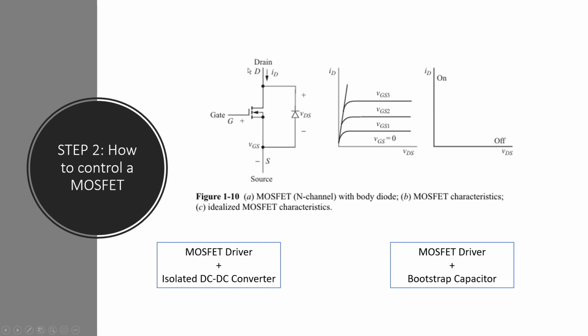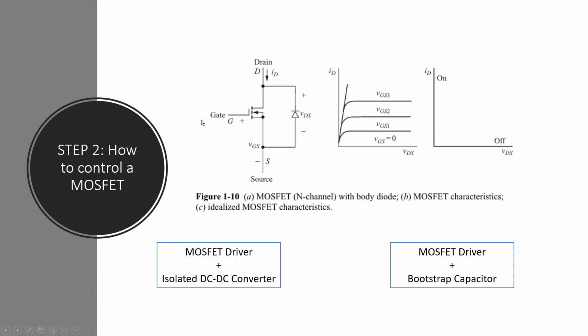This is the drain, the source, and the gate. We control the opening and closing of the MOSFET by giving some voltage to the gate. We need to give a voltage potential between gate and source, which is why it's called VGS.